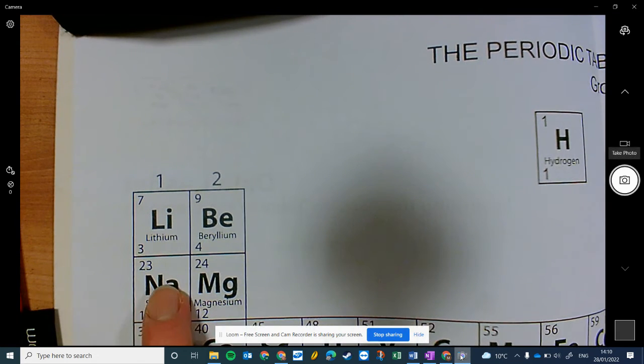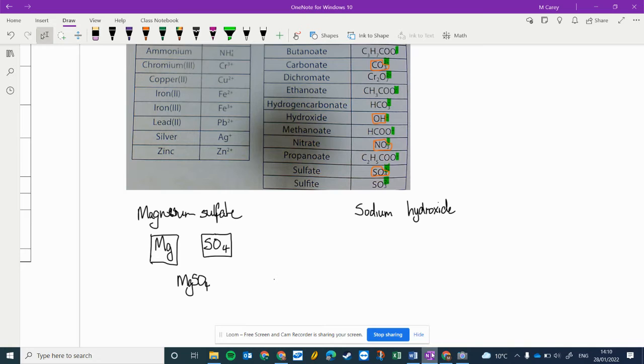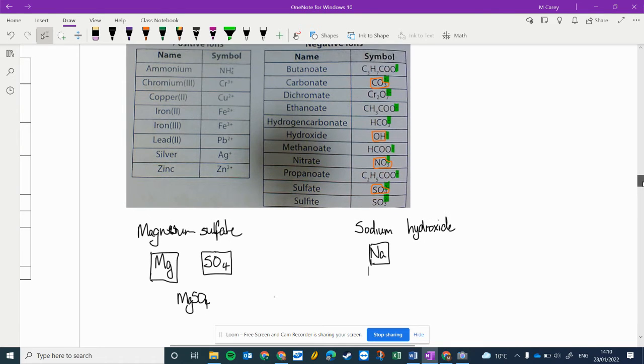So there's sodium in group 1, it's going to have a plus charge because it's group 1. So let's do its formula first. Na, I'm going to box it. Hydroxide. Now hydroxide, although it doesn't end in ATE, it's the only exception, right? So it's on the back of the data leaflet. So its formula is OH, right?